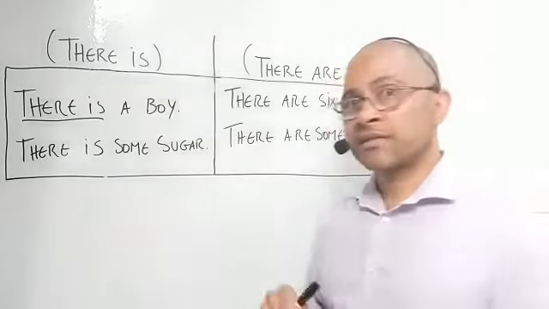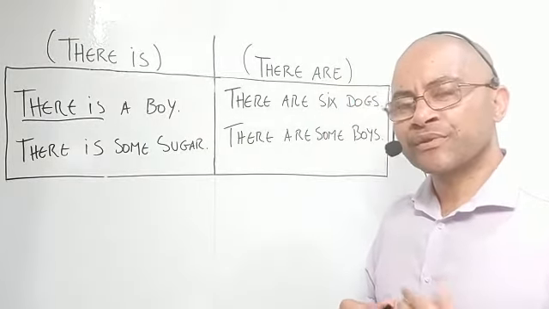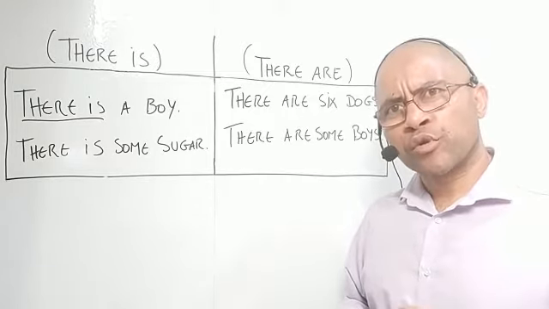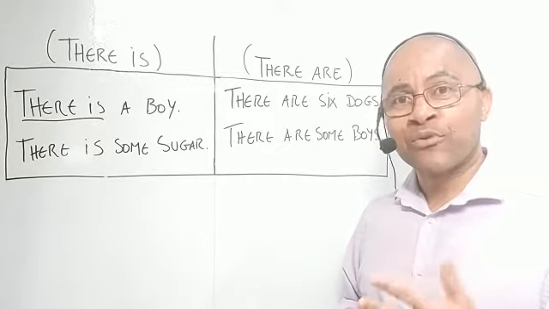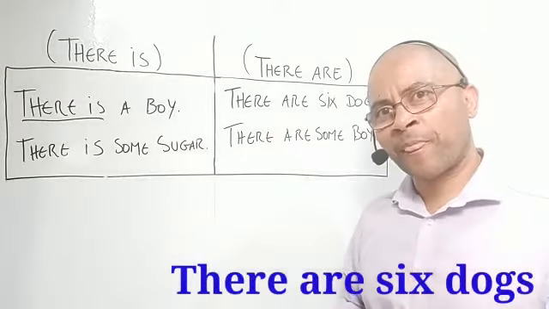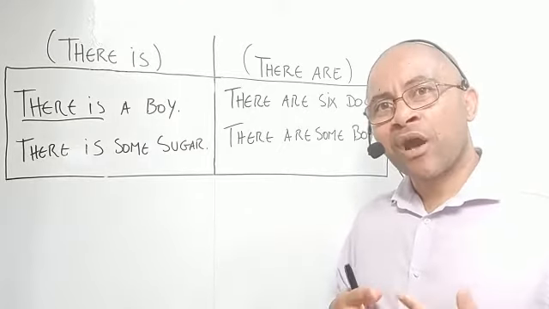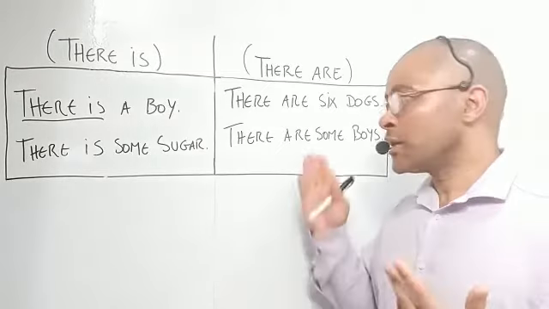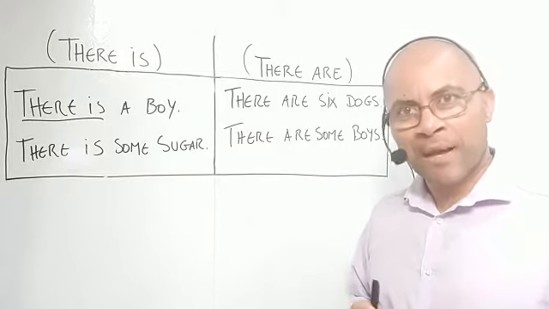Now, for this side, we have there are. With there are, we normally use there are with countable plural nouns. Countable and plural nouns. The example here, there are 6 dogs. There are 6 dogs. The exact number, 6 dogs. Then we have, there are some boys. Here we don't know the exact number, then we use some.